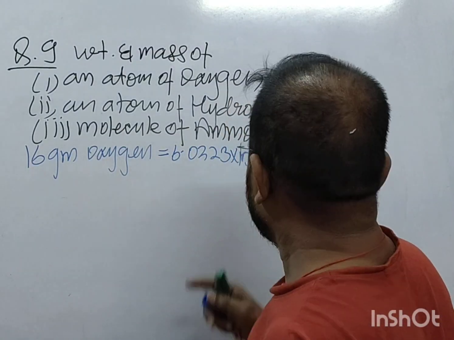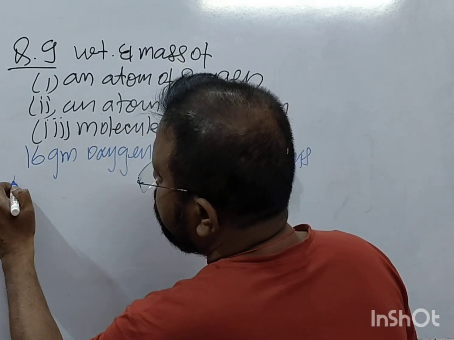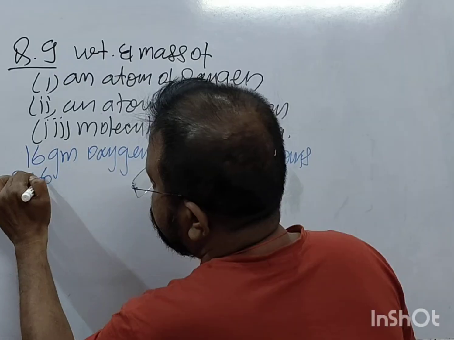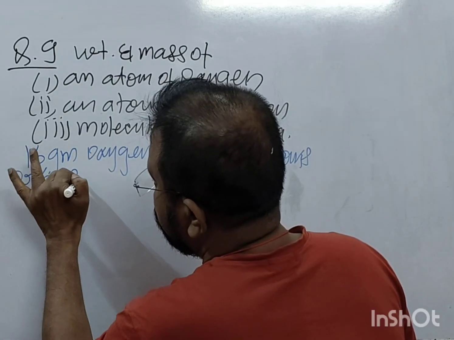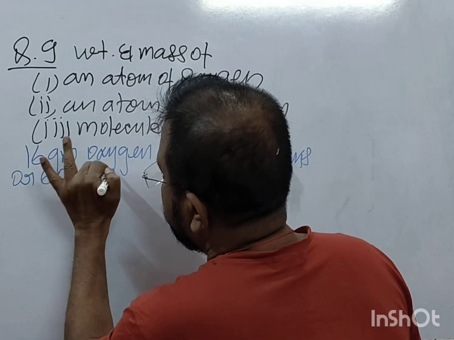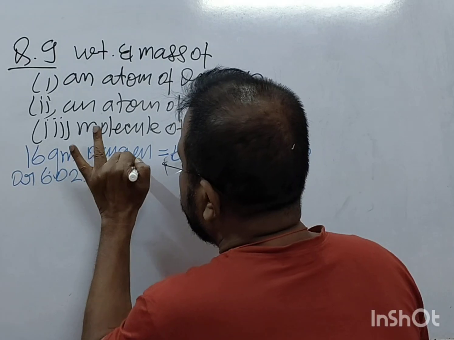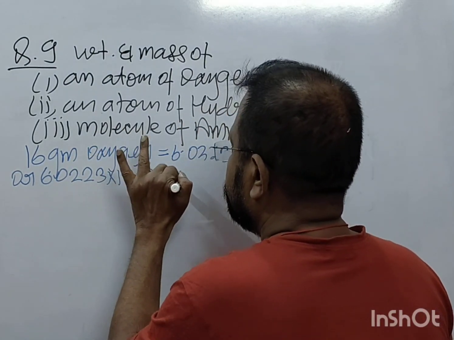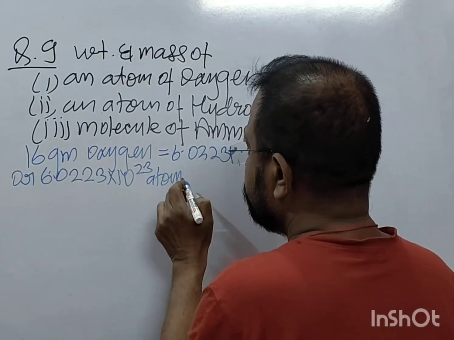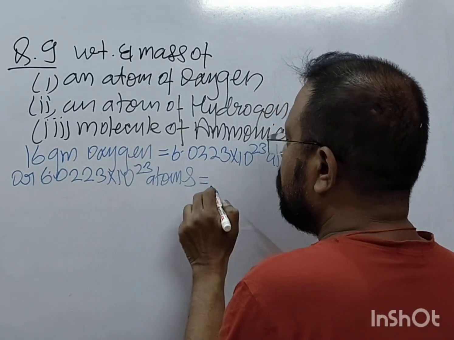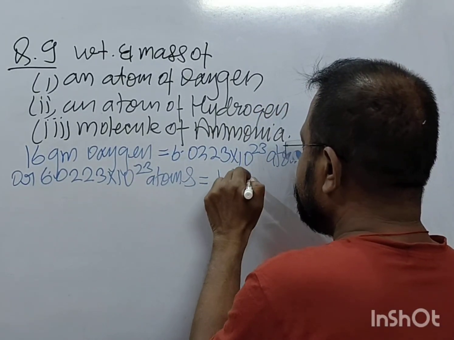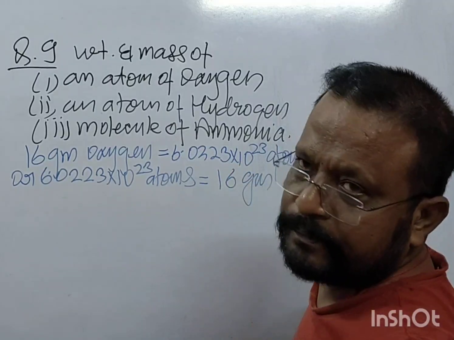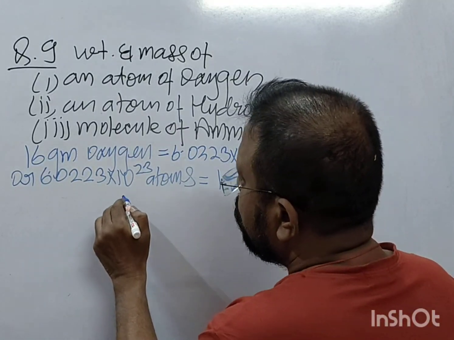Right? So you can write 6.0223 into 10 to the power 23 atoms is equal to 16 gram, right?